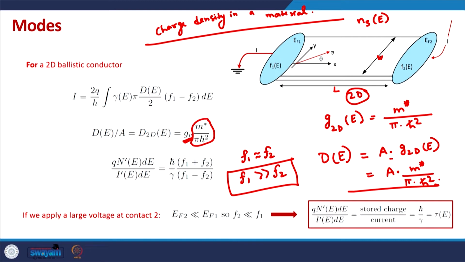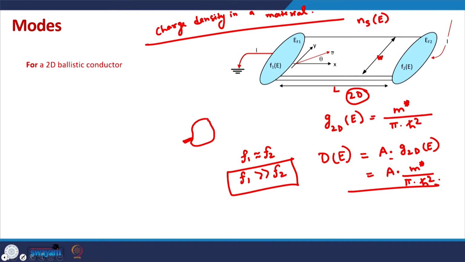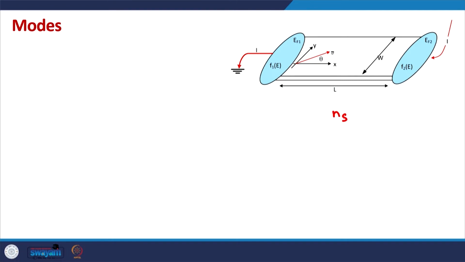Now, for the large bias limit, we have this ratio between the number of electrons at energy E to the current at that energy E. So, let us say we have the charge density in the material NSE.